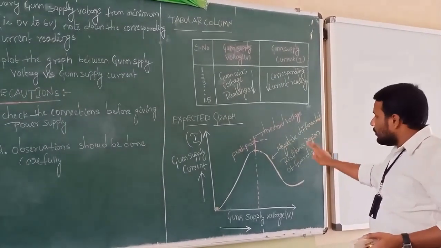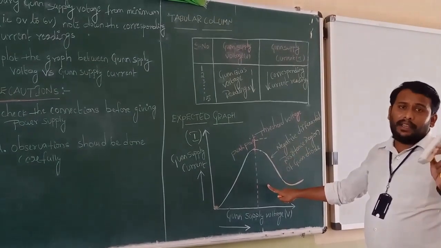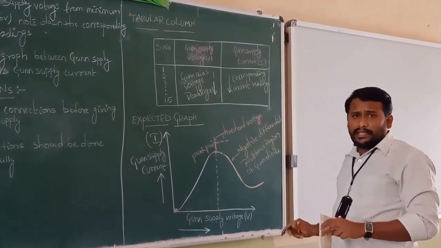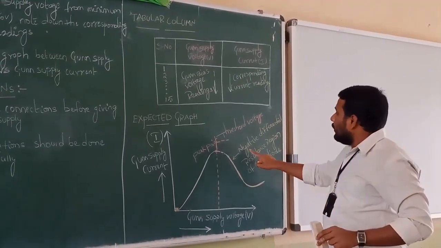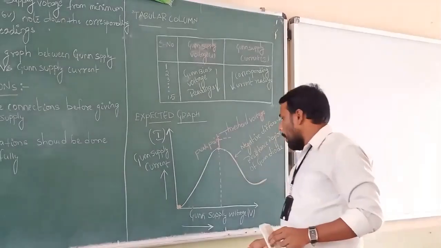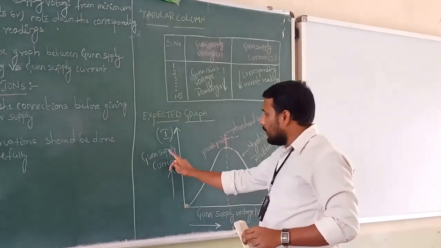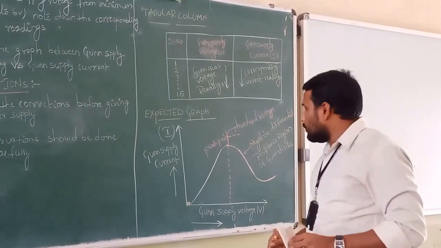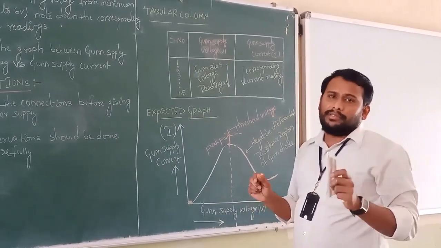Because of the negative differential resistance region, the Gunn diode acts as an oscillator. I am repeating, because of the negative differential resistance region, the Gunn diode acts as an oscillator. And negative differential resistance means simply that the relation between current and voltage, the relation between Gunn supply current and voltage, is out of phase, which means like 180 degrees out of phase.